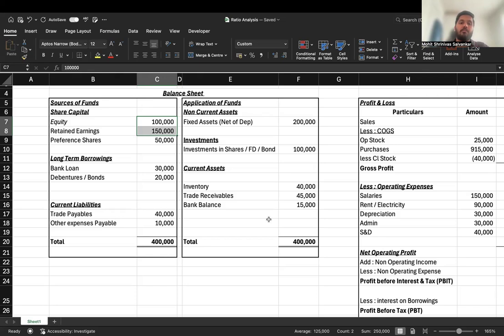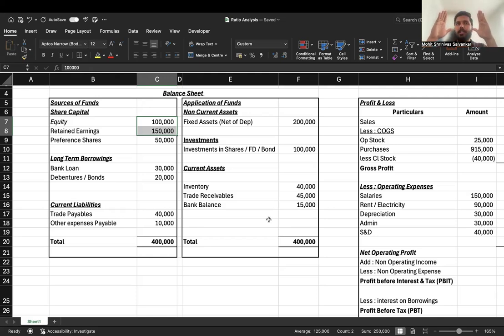Then comes the quality of profit. So, quality of profit is similar to the previous ratio, that is cash cover ratio. Over there, we were looking at the operations, cash from operations paying off the current liabilities. At this place, what we are looking at is what is the quality of your profits.